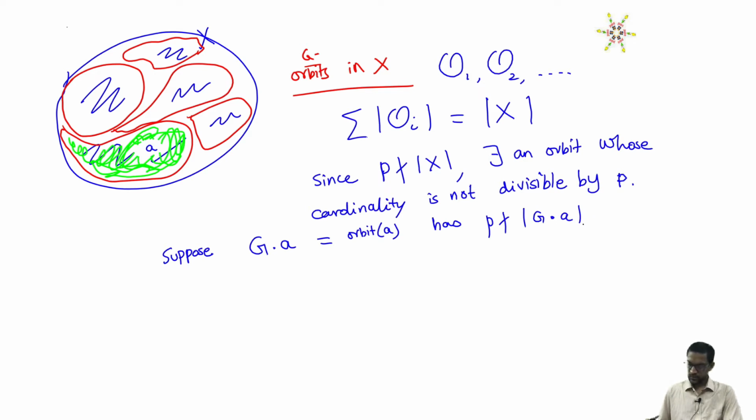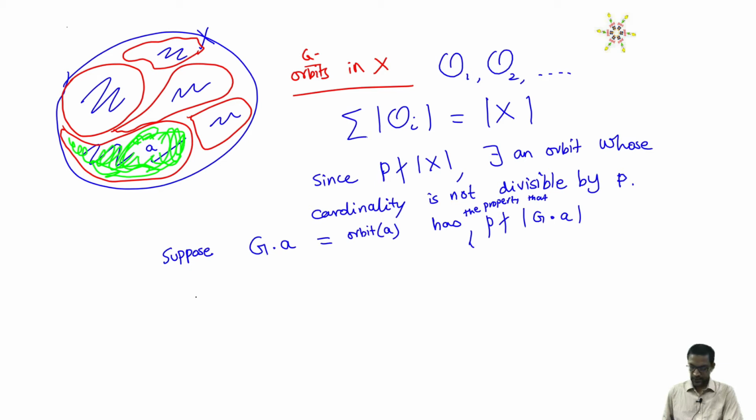Okay, so consider that particular orbit, the one that's marked in green there.